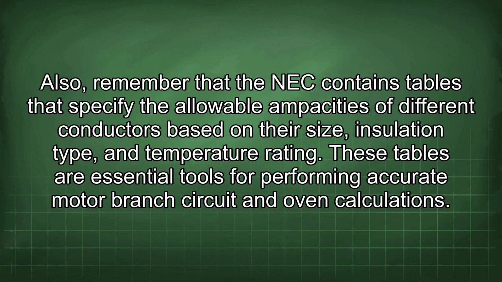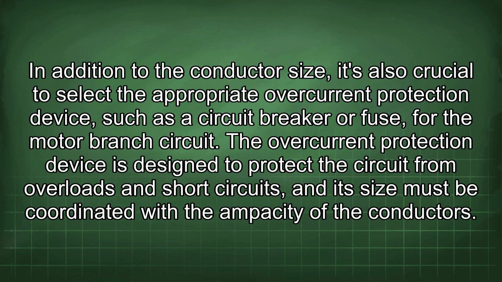Also, remember that the NEC contains tables that specify the allowable ampacities of different conductors based on their size, insulation type, and temperature rating. These tables are essential tools for performing accurate motor branch circuit and oven calculations. In addition to the conductor size, it's also crucial to select the appropriate overcurrent protection device, such as a circuit breaker or fuse, for the motor branch circuit.